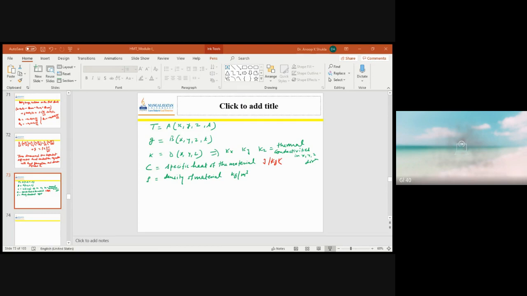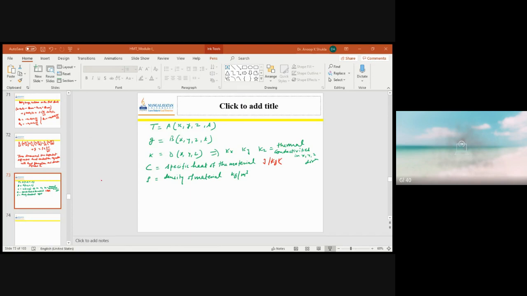So simply your equation is converted into k ∂²T/∂x² + k ∂²T/∂y² + k ∂²T/∂z² + G = ρc ∂T/∂τ.